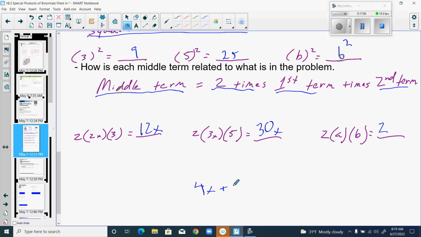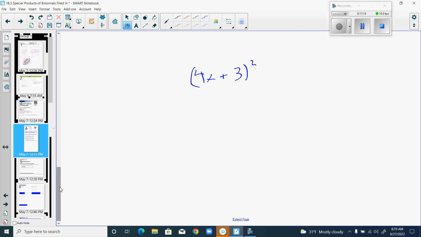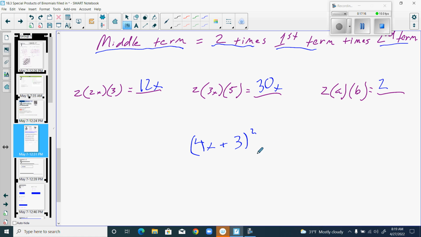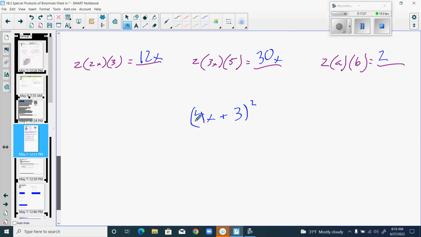If I recognize the patterns, I can come up with this answer without writing it out and without doing the box method, because I can follow these patterns. The first term of the answer is the square of the first term in the problem, which is 16x squared.